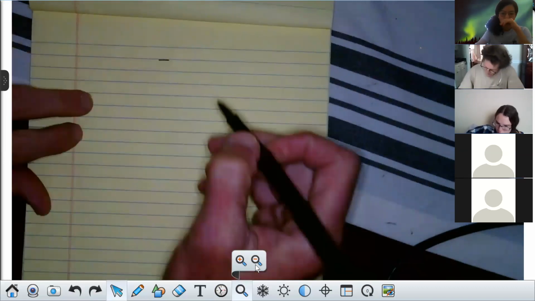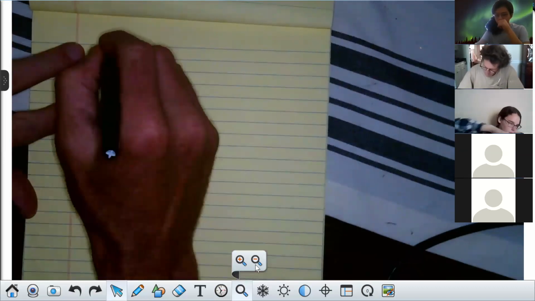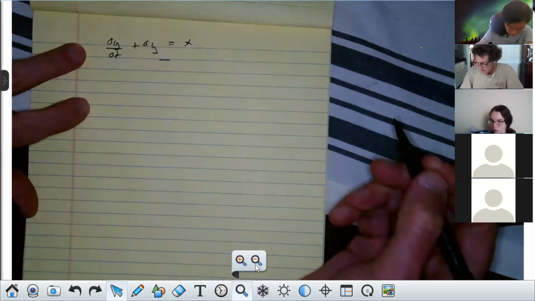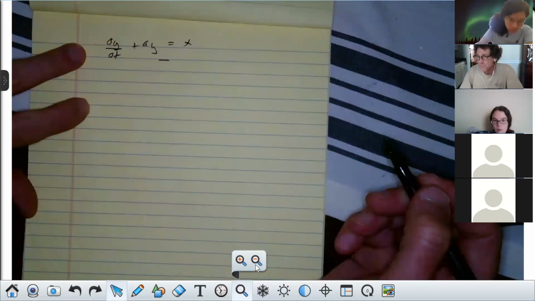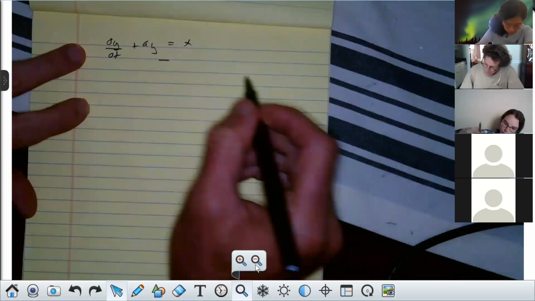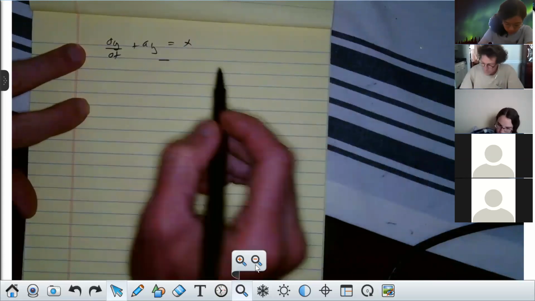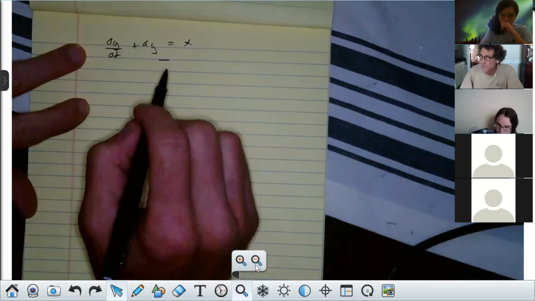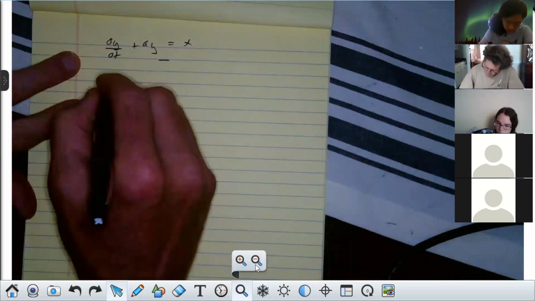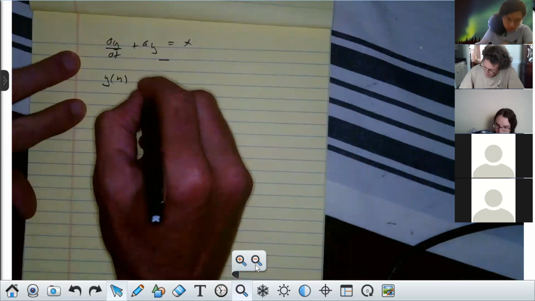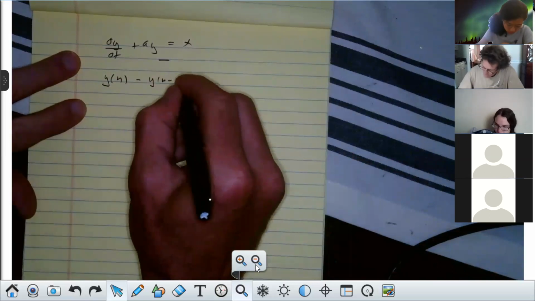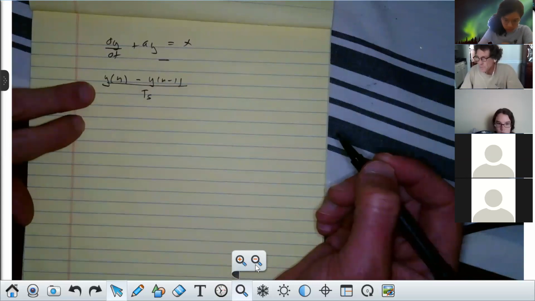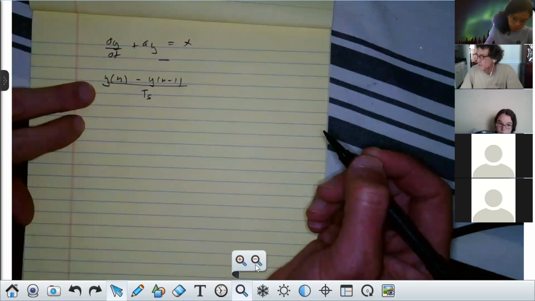Typically, if we have a differential equation, we have something like this: dy/dt plus a y equals x. These are all functions of t, both x and y, correct? Okay. Now, if you replace this with a difference equation, dy/dt really is y of t plus delta t minus y of t over delta t, or in terms of a difference equation, y of n minus y of n minus 1 over Ts, where Ts is simply the sampling interval, the time between samples.